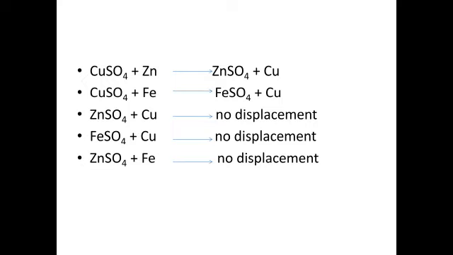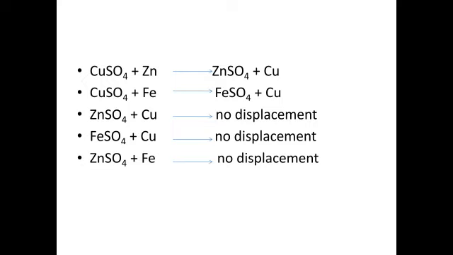The second beaker is also filled with copper sulfate solution. Beaker C is filled with zinc sulfate, a colorless solution. Beaker D is filled with iron sulfate solution. And the final beaker E is filled with zinc sulfate solution again.